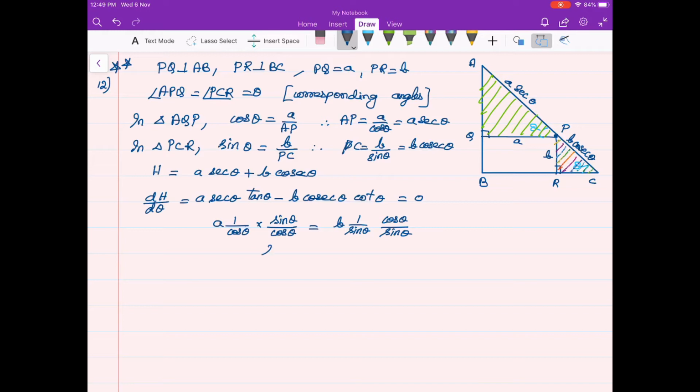Let us cross multiply, we get sin cube theta over cos cube theta equals b by a. Tan cube theta is b over a, therefore tan theta will be b divided by a whole raised to 1 by 3.